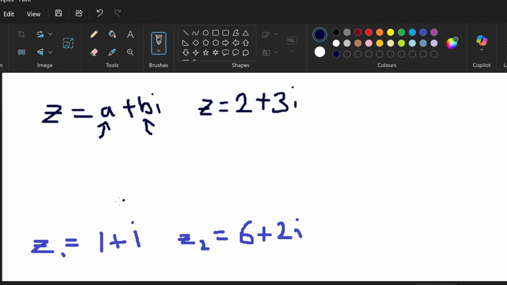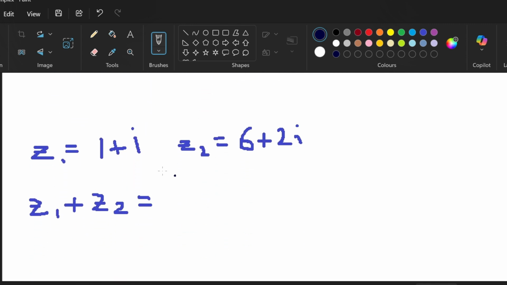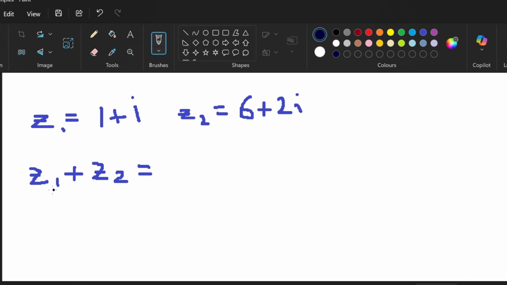You can perform operations like addition and subtraction on a complex number. Here I'm given z1 is equal to 1 plus i and z2 is equal to 6 plus 2i, and I'm asked to find z1 plus z2. For this, the rule that I follow is I add the real parts and I add the imaginary parts separately.